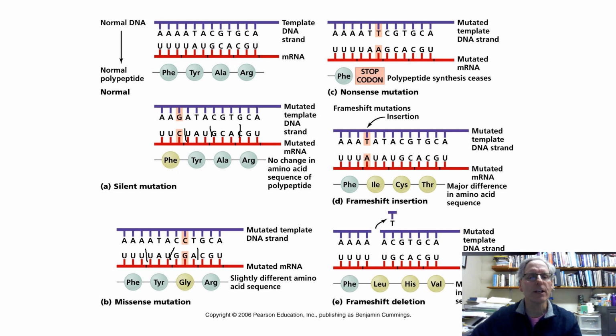So the GCU is still arginine. So that one's fine. The alanine GCA is now GGA, and that's glycine. So that mutation changes the amino acid that's inserted.